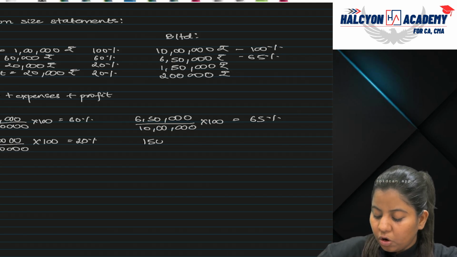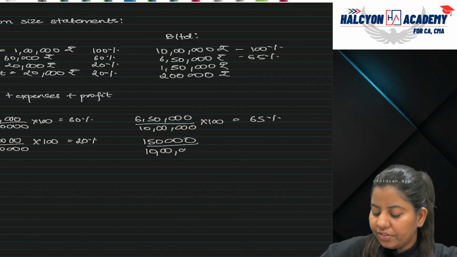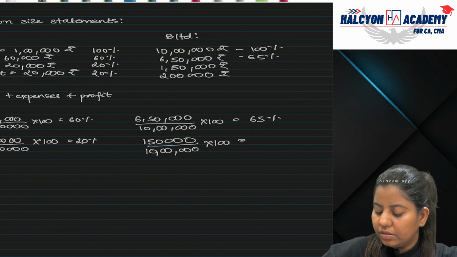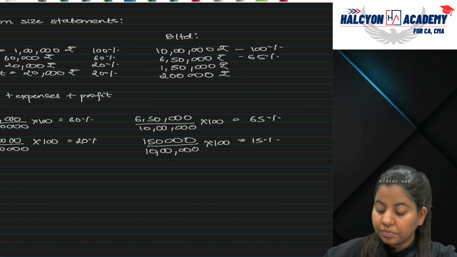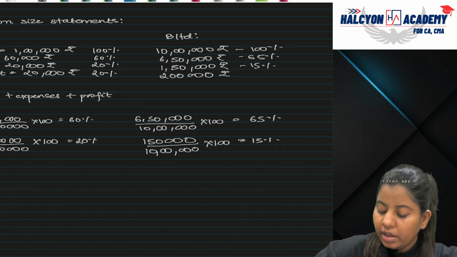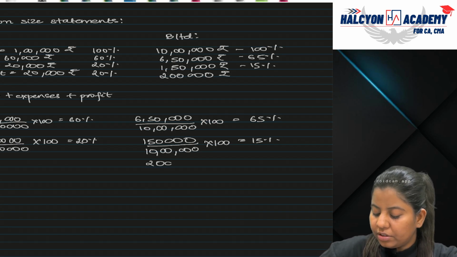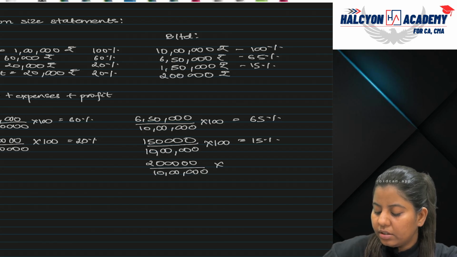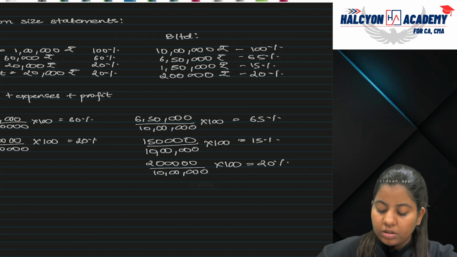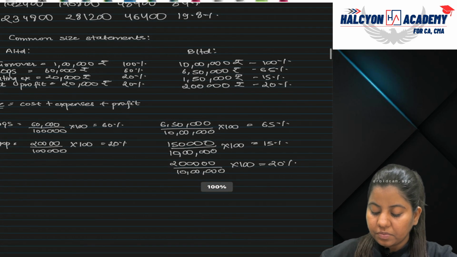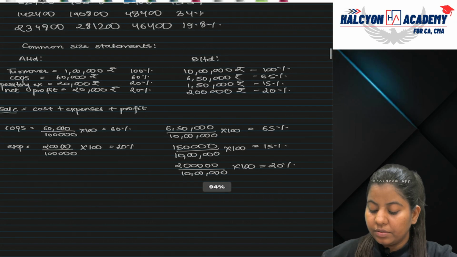Then operating expenses, 1,50,000 divided by 10 lakhs into 100, will be 15%. And net profit, 2 lakh divided by 10 lakh into 100, will be 20%. Okay. Is it clear?